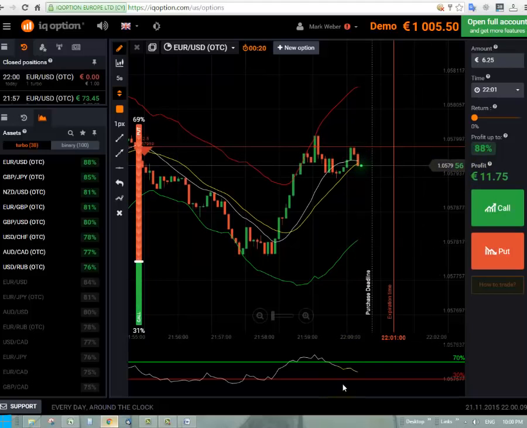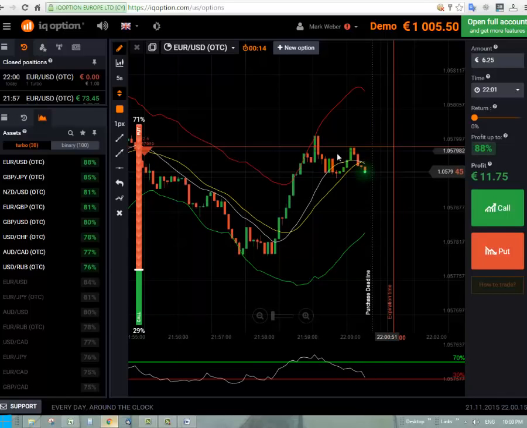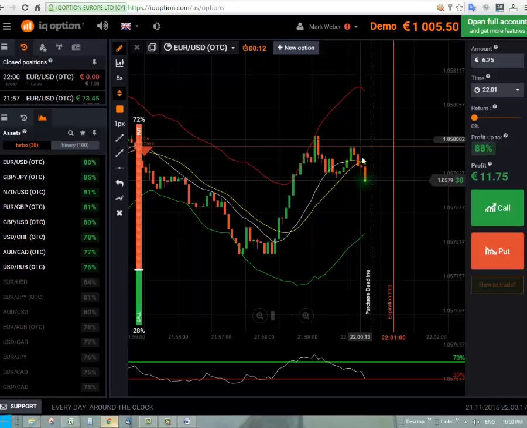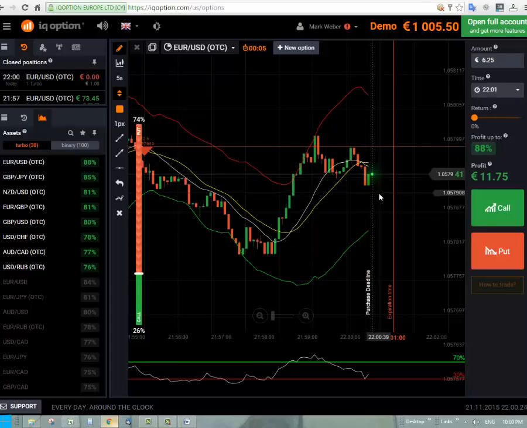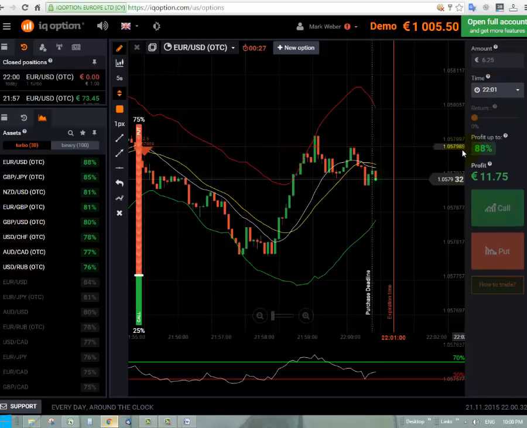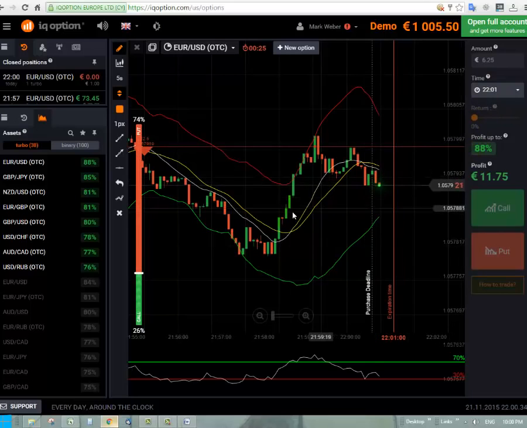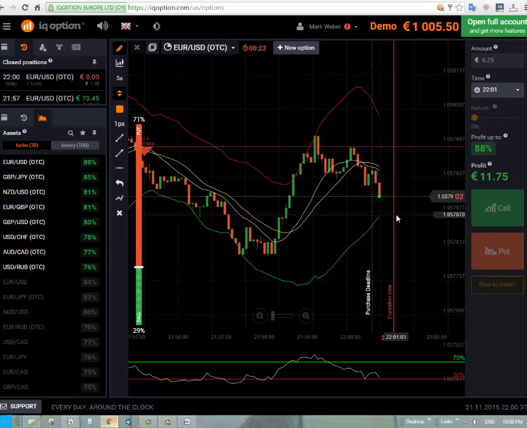You can check also the RSI. The RSI tells us that there is a downtrend, so we will win this position. Yes, that goes down. And so when the binary time of 60 seconds ends, then we will take our profit.